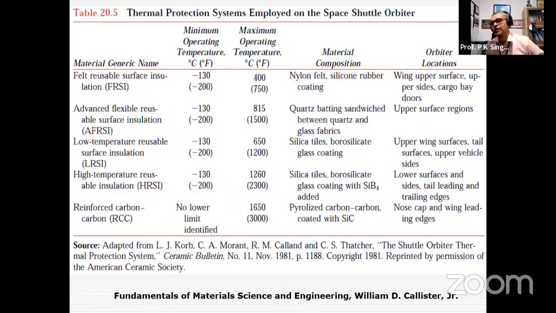And its other properties are also very good. That's why it is used in nose caps or edge portions. Many people remember a very sad history about Kalpana Chawla, our Indian astronaut. At that time her shuttle broke down, something happened with this reinforced carbon-based material.